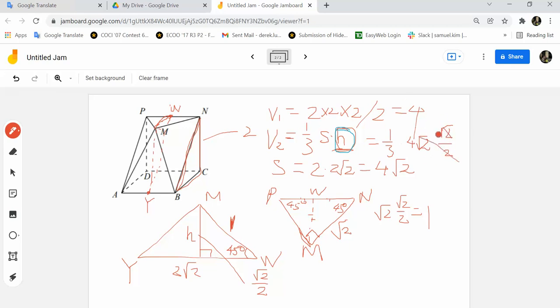So the total answer should be, we change the color, this 4. Should be 4 plus this one, right? Should be 3 or whatever, 16, something like that. So the answer should be like this, right? Just step by step, we're gonna solve this problem.